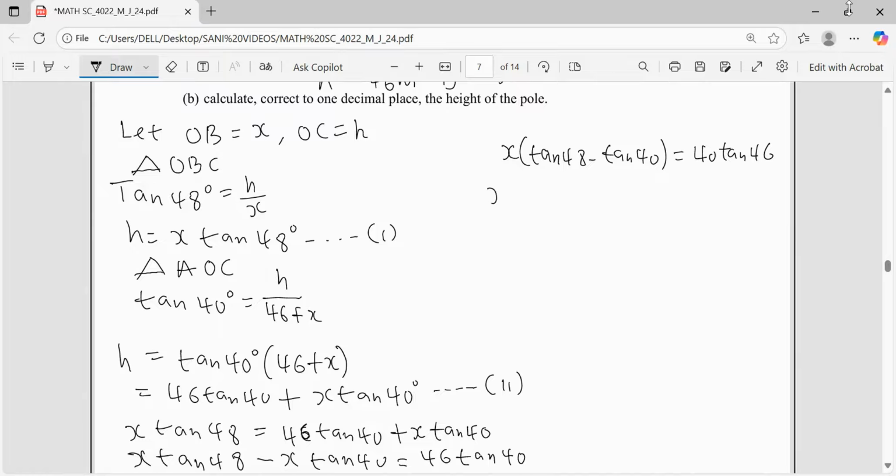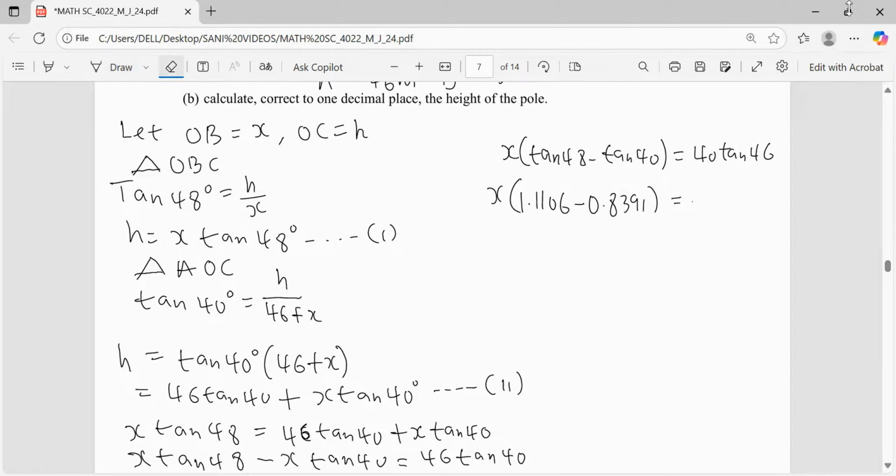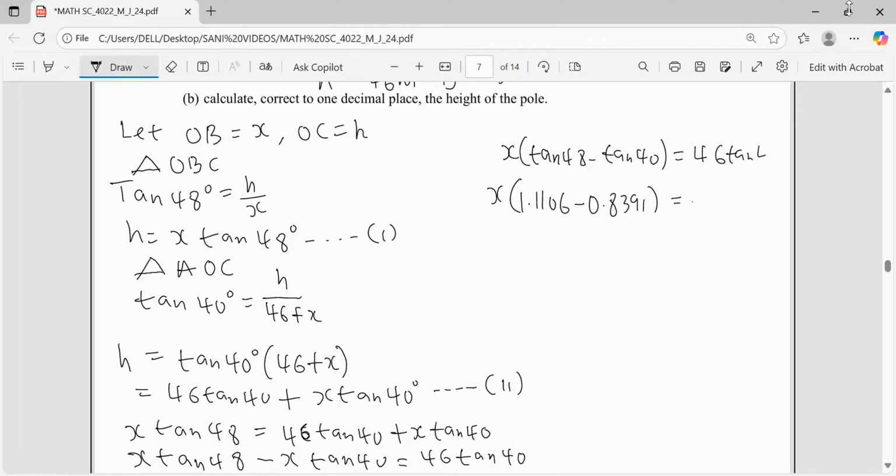You have X. So tan 48, we have 1.1106 minus tan 40, 0.8391. Then on the right, we have 46 times tan 40 degrees, which gives 38.5986.